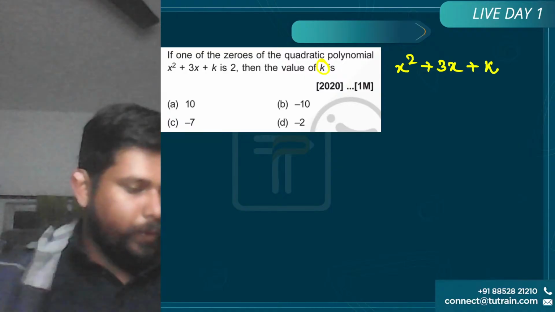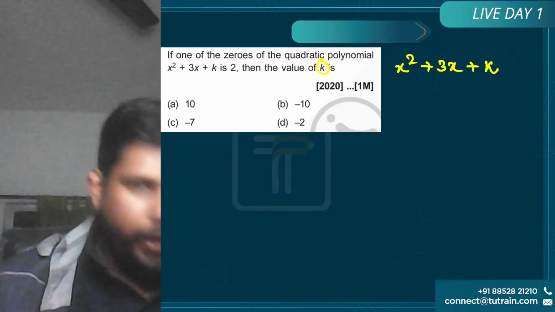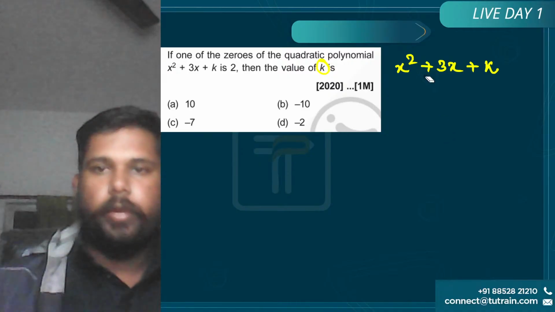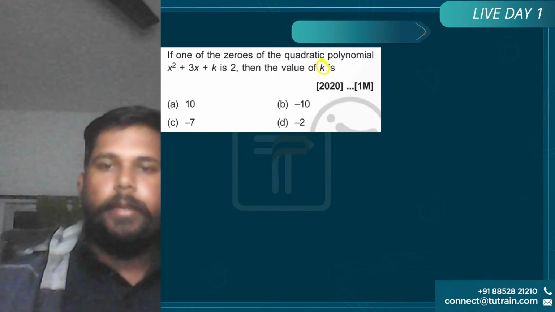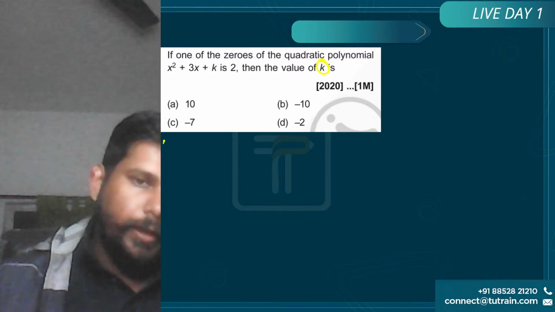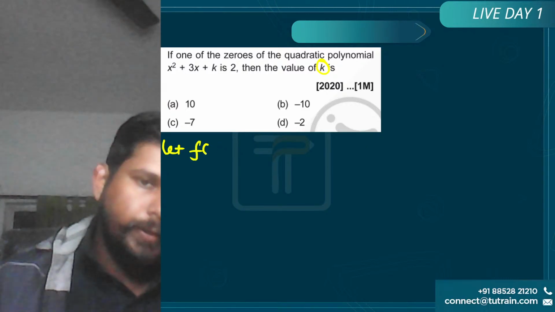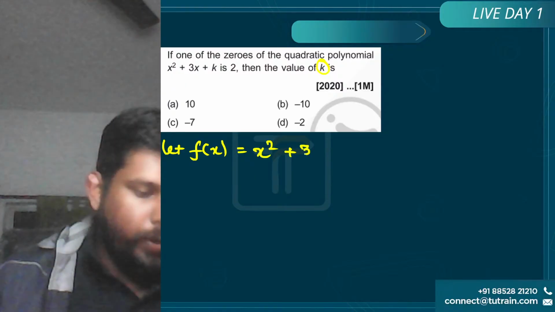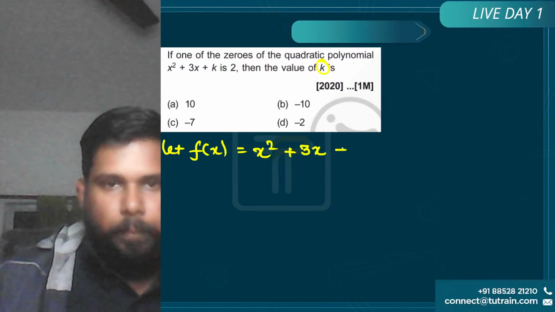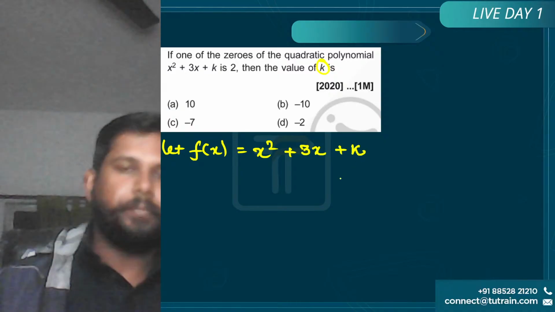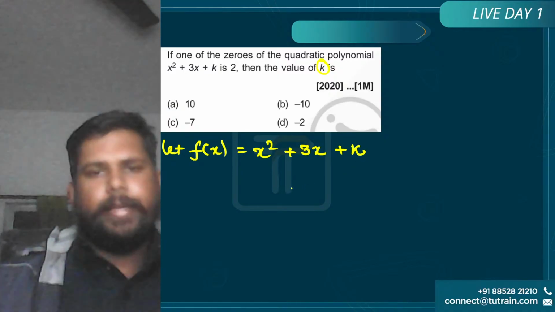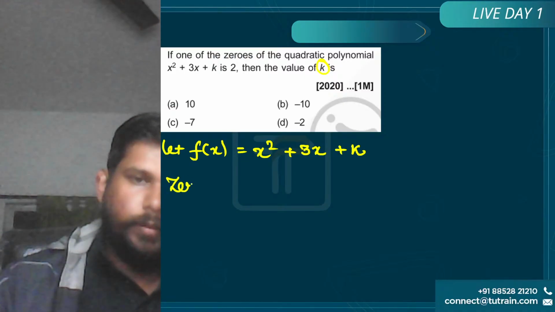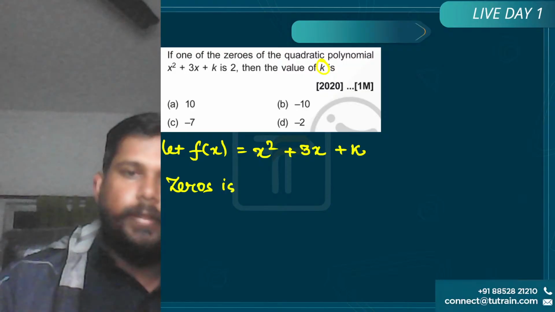One has typed A, Rachit has typed A. The best approach is to let f(x) be the polynomial x square plus 3x plus k, right? Now they are saying that one of the zeros is 2.